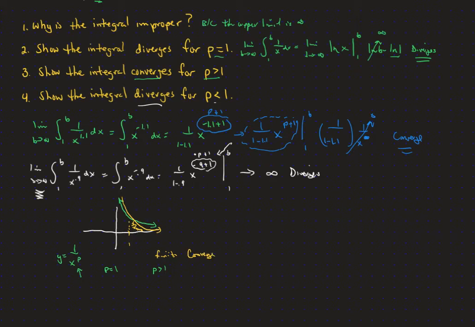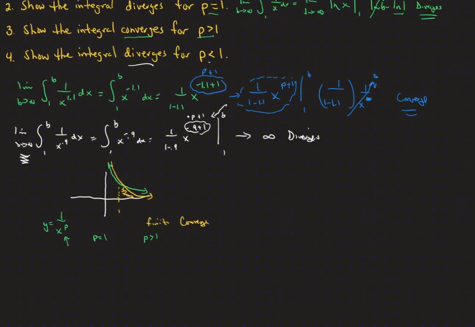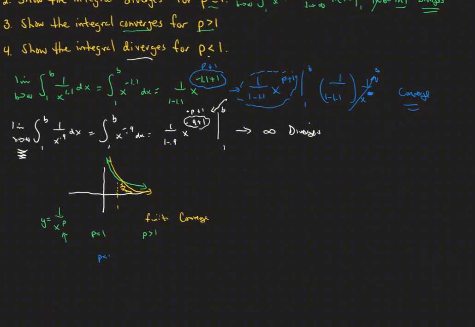Any function where p is less than 1, so imagine now you have y equals 1 over the square root of x, or y equals 1 over x to the 0.8, anything like that. As you come in here, oops, I lost my pen.